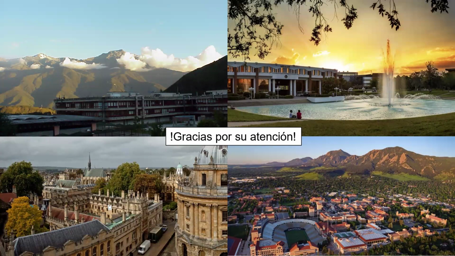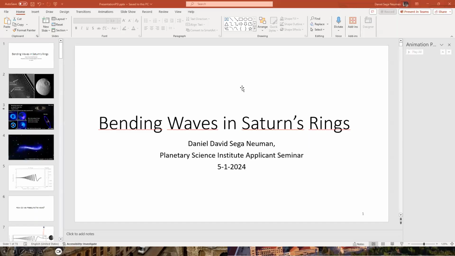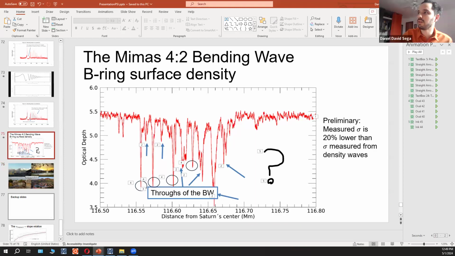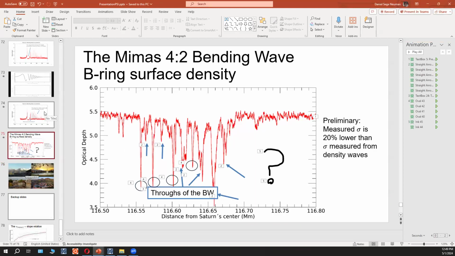So I have a question. You said you sometimes have to hunt to find those waves. How confident are you that it's really due to a bending wave, or could there be other explanations for the data? You mean for this one? No, at the beginning, when it was very hard to see.